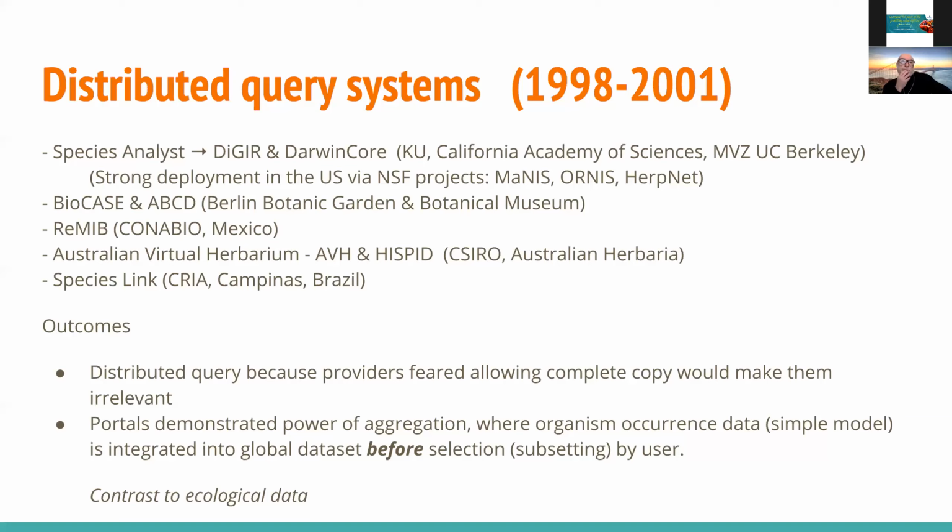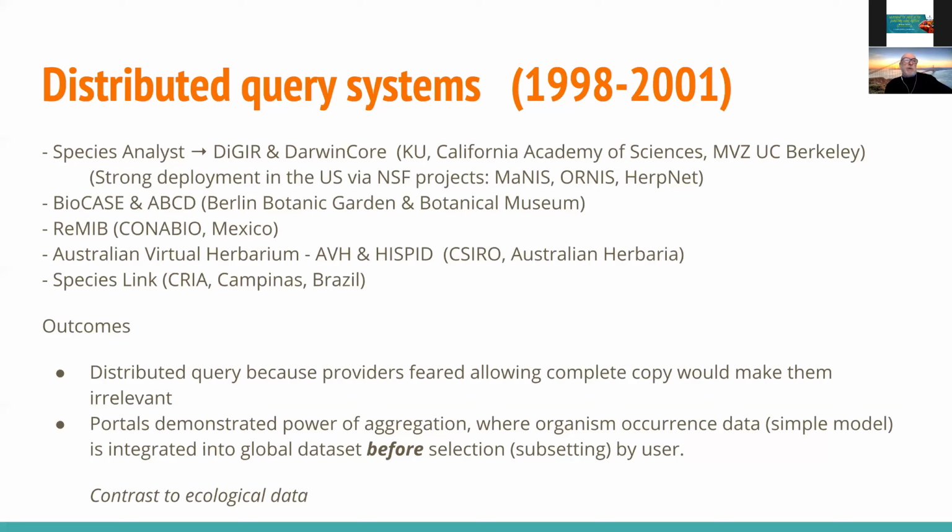In Europe, the Berlin Botanical Garden and Botanical Museum were the host institution and innovators behind another project that produced BioCASe and a data standard known as ABCD, which stands for Access to Biological Collections Data.